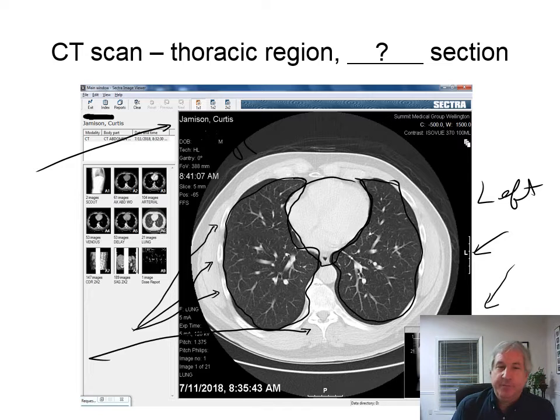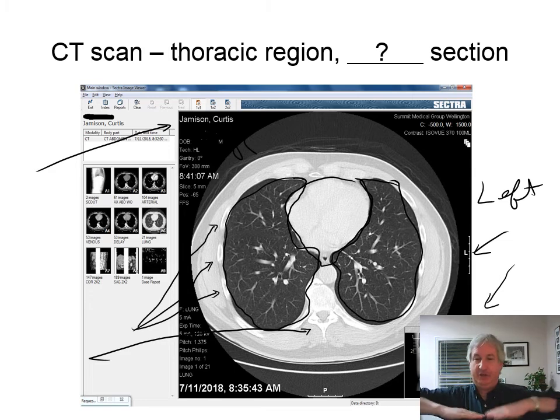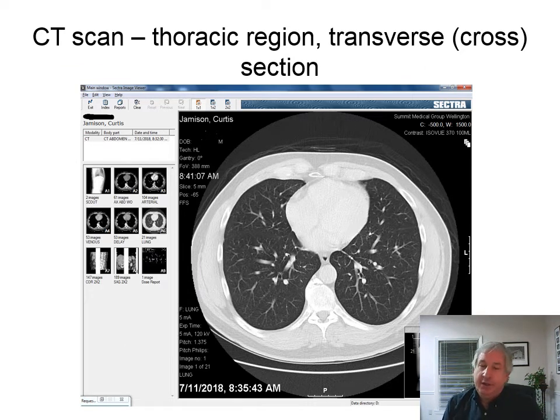All right, so what kind of section is this? Well, to see this kind of view, you'd have to cut through the thorax, right? You cut through the lungs and the heart, so it would be a section going like this. That would be a transverse section, right?